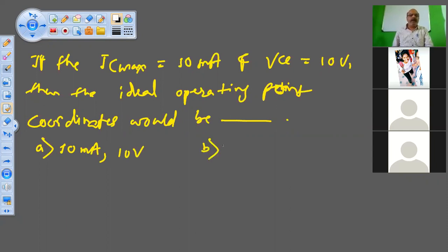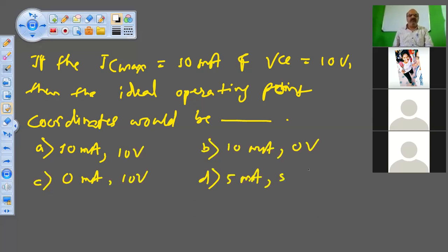B, 10 milliampere and 0 volt. C, 0 milliampere and 10 volt. And D, 5 milliampere and 5 volt. So which one of these is correct?